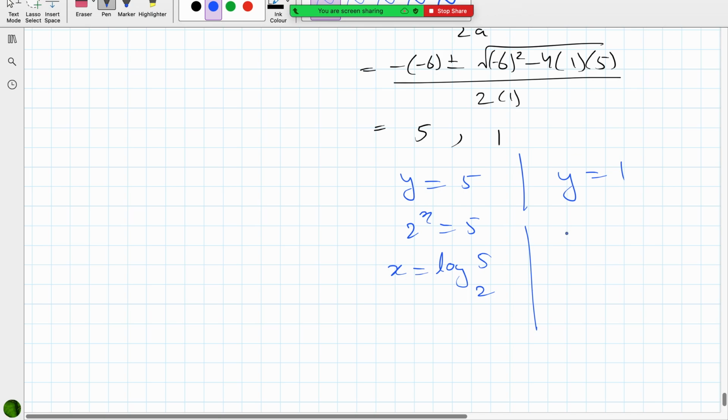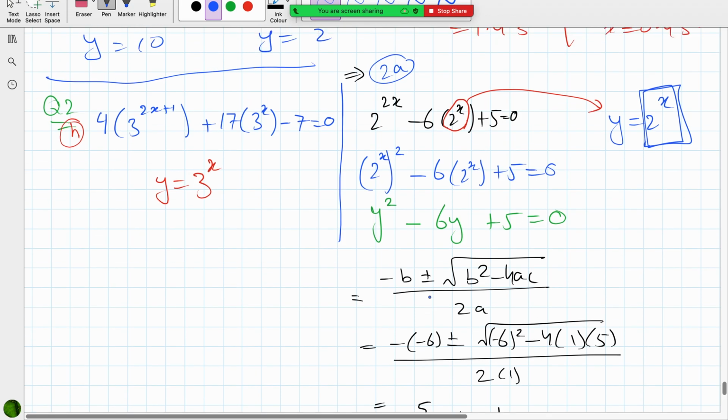On the other hand, 2 raised to power x is equals to 1, x is equals to log of 1 to base 2. So x is 0 and log of 5 to base 2 makes it 2.3 to 1. Any confusion in this part, 2a?